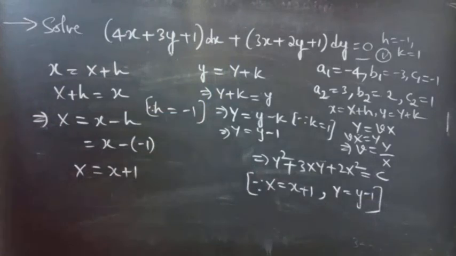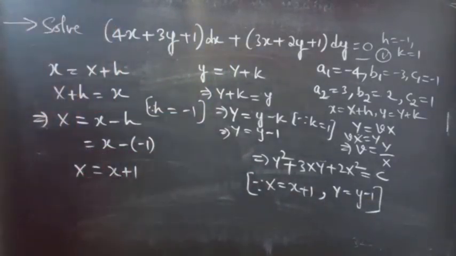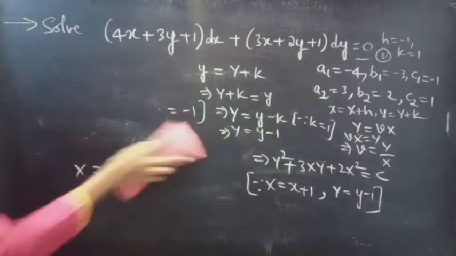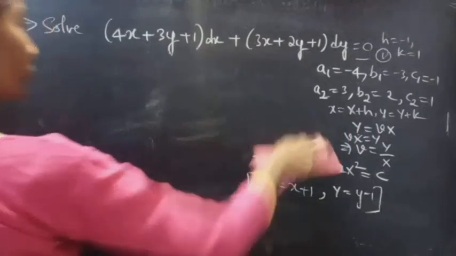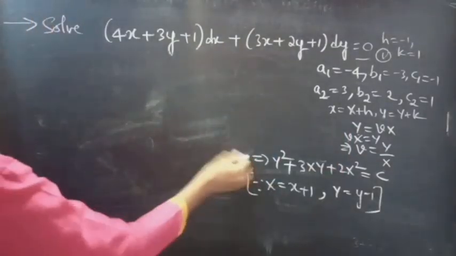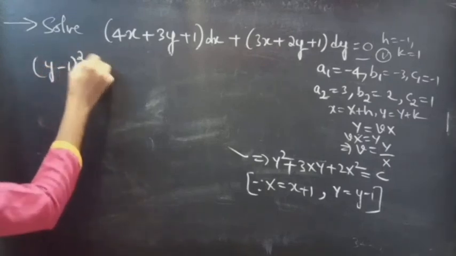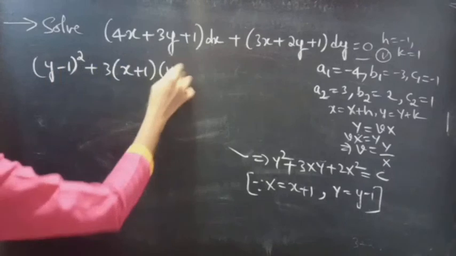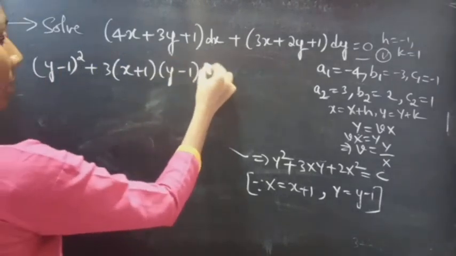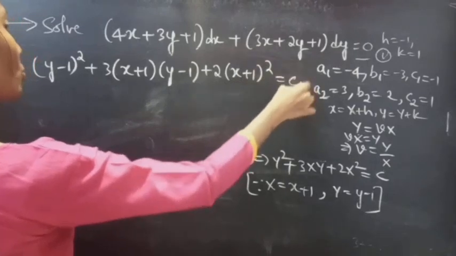Now we'll replace capital X and capital Y in terms of small x and small y. Then this becomes (y minus 1) whole square plus 3 times (x plus 1) into (y minus 1) plus 2 times (x plus 1) whole square equals to c.